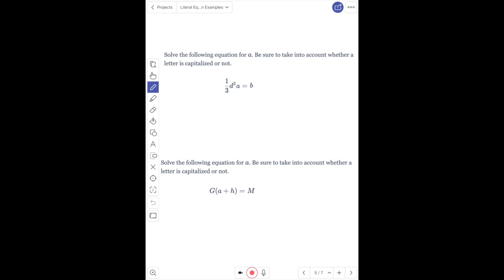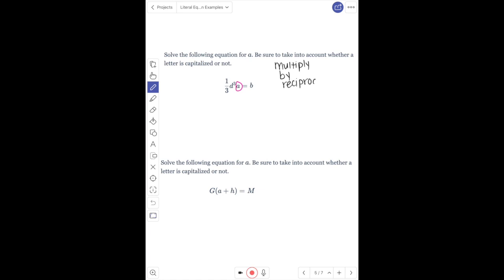All right, for the next one, we're solving for a. Now, this one has a fraction in there, and a lot of students don't seem to like fractions when it comes to these types of problems. But I'm going to show you an easy way to handle fractions. We are going to multiply by the reciprocal.